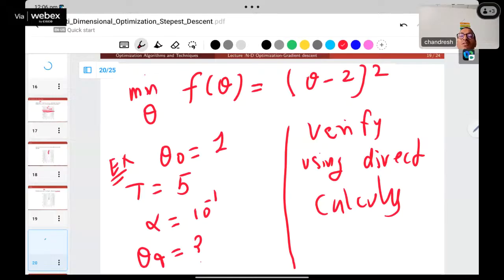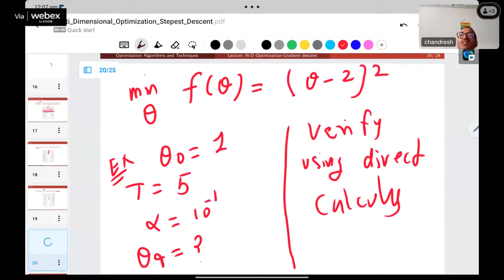That value we plug in: 1 minus 0.1 times minus 2. That is equal to 1 plus 0.2, which gives 1.2. So your theta first value should be 1.2. Those who got 1.2 are correct.